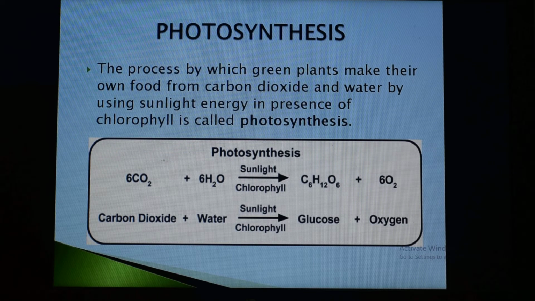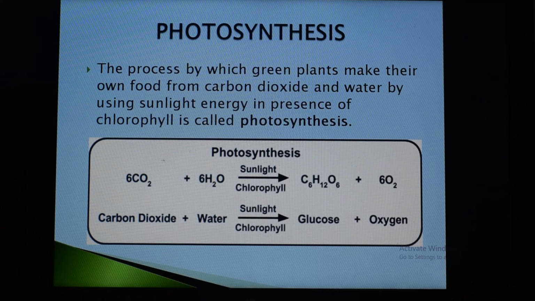This starch gets stored as food in various parts of the plant, including leaves. In fact, the presence of starch in the leaves of a plant shows the occurrence of photosynthesis. Some of the glucose is also converted into other types of plant foods such as fats, oils, proteins as well as vitamins.